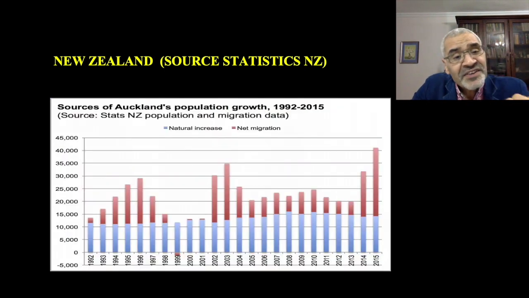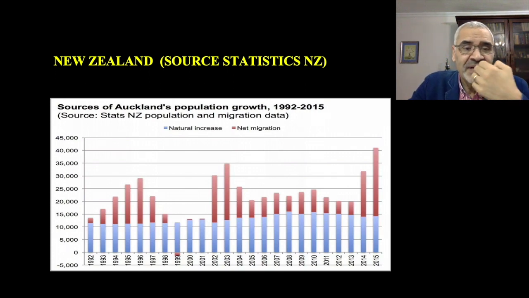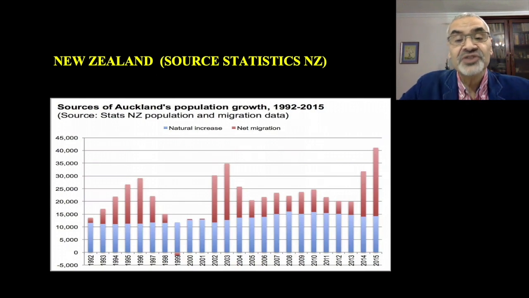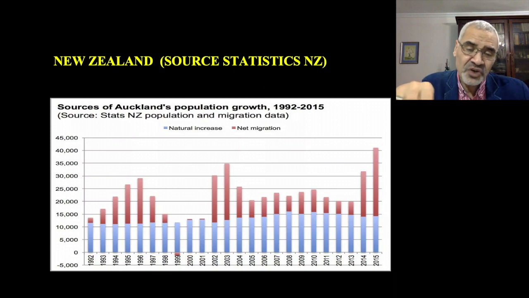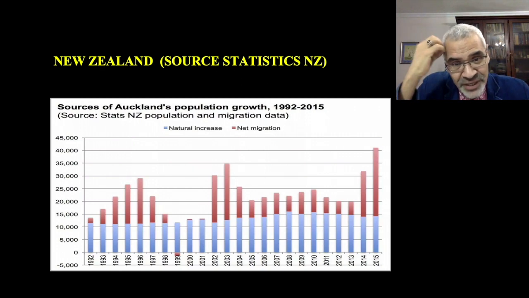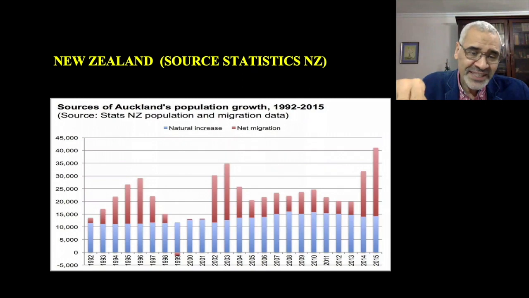Well, this is another graphical example from New Zealand, but focusing on Auckland, only the capital of New Zealand, between 1992 and 2015. And you can see the heads of the columns in red or brown color are attributed to migration.